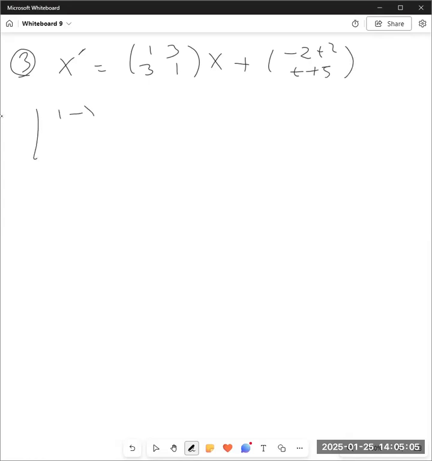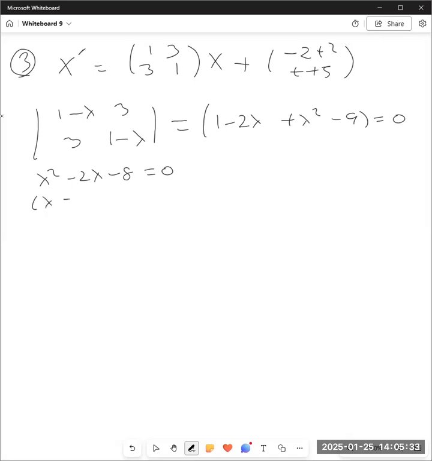So we have the determinant of [1 minus lambda, 3; 3, 1 minus lambda], which is 1 minus 2 lambda plus lambda squared minus 9 equals 0, or lambda squared minus 2 lambda minus 8 equals 0. That factors into lambda minus 4 and lambda plus 2 equals 0. So lambda 1 is equal to 4, and lambda 2 is equal to negative 2.